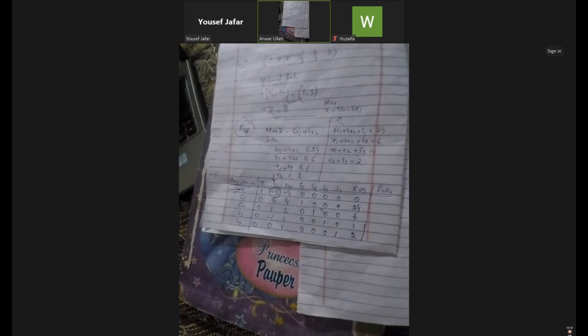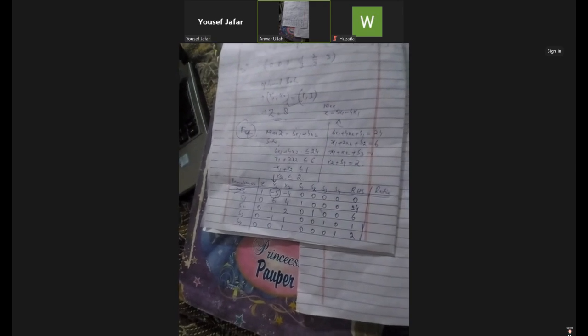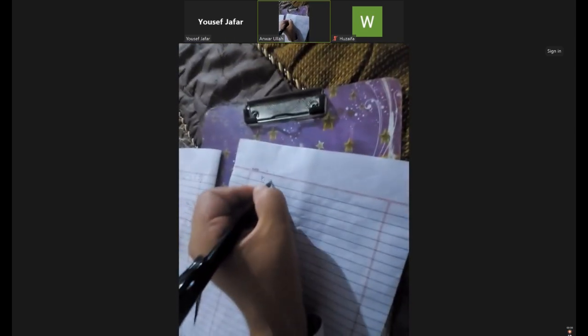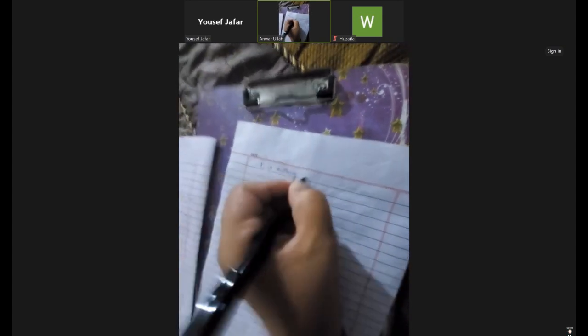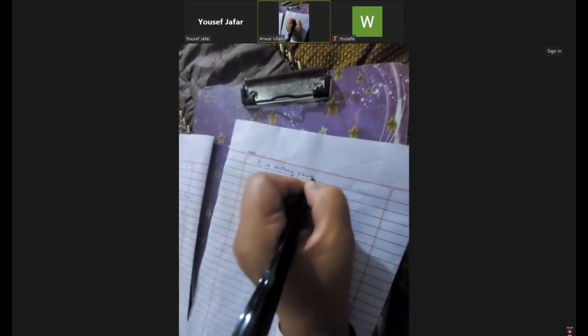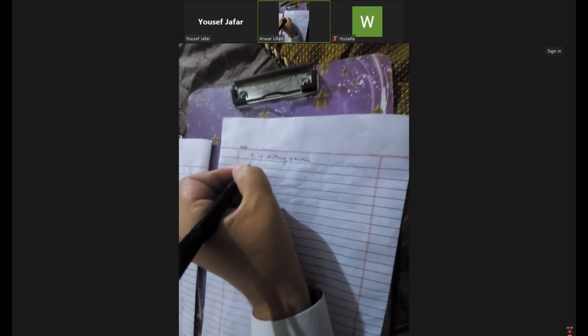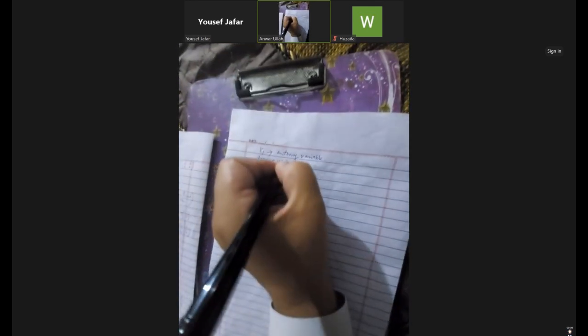This is the highest negative value. So x1 here is the entering variable. Now we also need to find out the leaving variable.